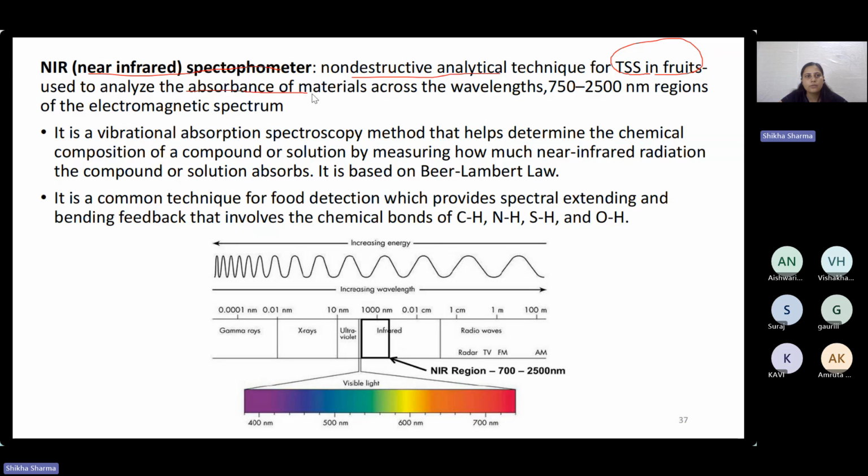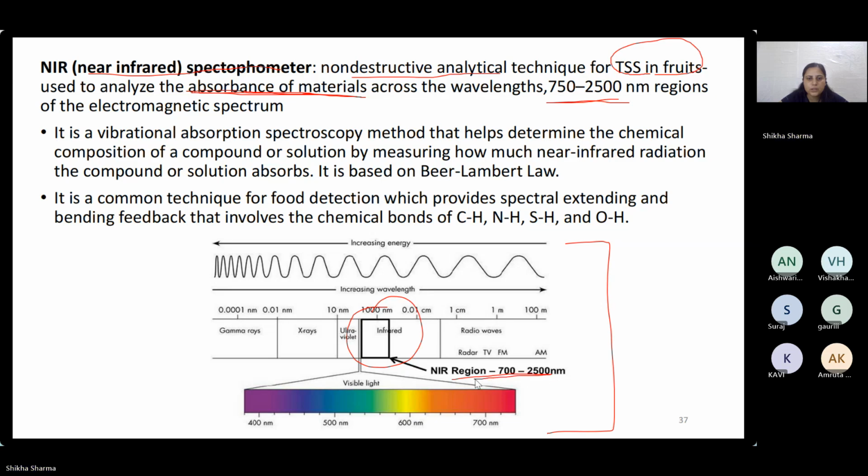It takes the absorbance of the material, and based on that it will analyze. It works in the near infrared region, which is 750 to 2500 nanometer in the electromagnetic spectrum. So this is the region in the electromagnetic spectrum.